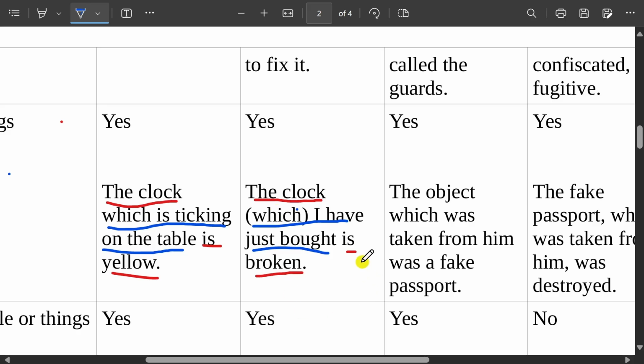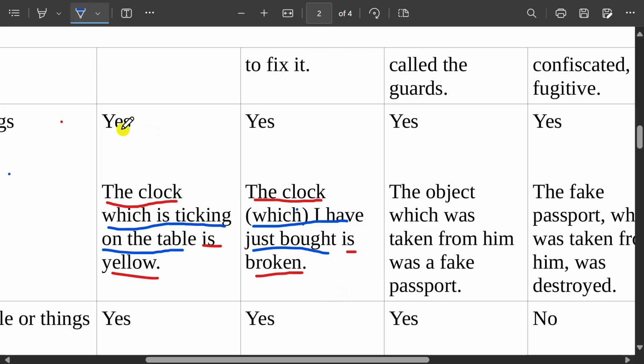Pay attention here that the order of the words is different. Normal sentences go subject, verb, object. But here in the relative clause, you begin with the relative pronoun, so it's object, subject, and verb. So the word order changes.